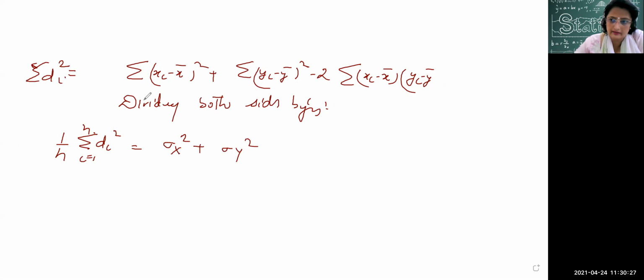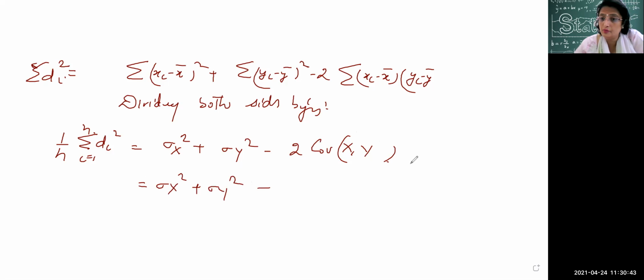Okay. After that you can write one more step, write n in the division. Minus 2. And what will this become when you divide by n? This becomes 2 times the covariance between x and y. So this is sigma x square plus sigma y square minus, what is the formula of covariance, if rho is the rank correlation coefficient, so this is covariance between xy upon sigma x sigma y.